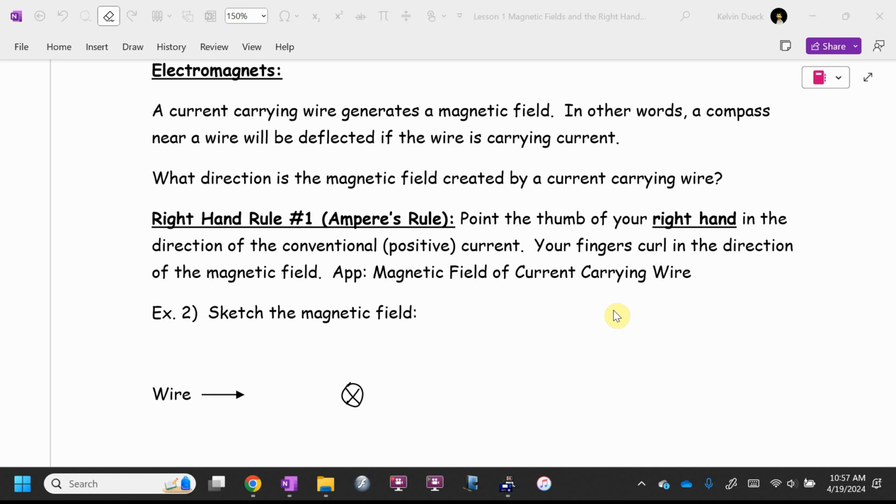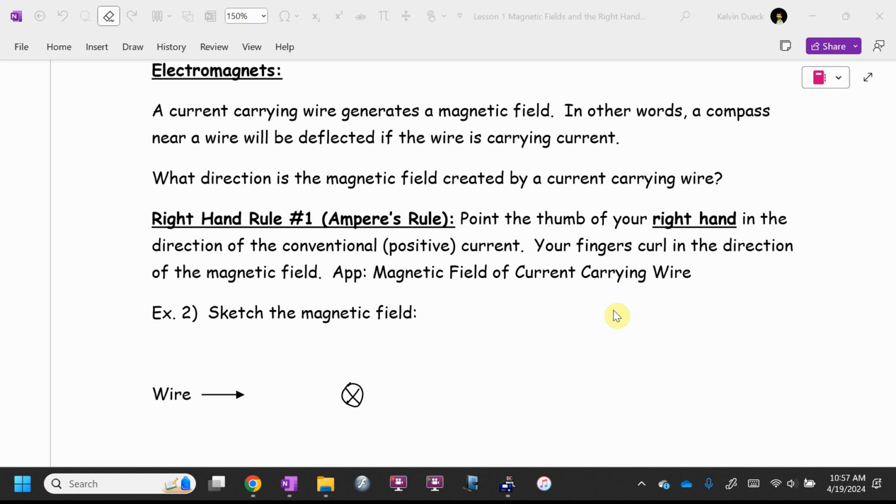Here, underneath the wire, the magnetic field would be pointing to the left of the classroom. On the left side of the wire, the magnetic field or compass would be pointing straight up. This is the right-hand rule. You may find it easy to hold something like a pencil or a pen to simulate the wire to help you visualize. We're going to practice this a whole bunch.